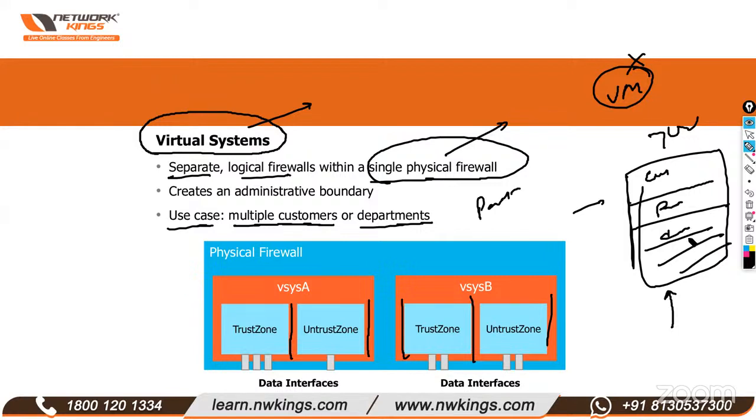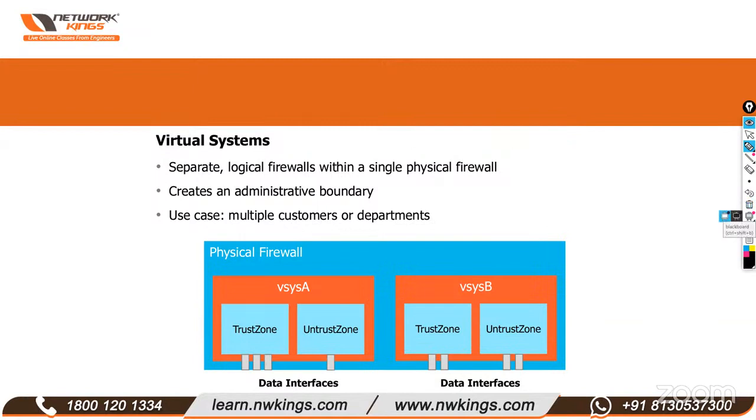You can use the virtual devices for different apps. Maybe one very sensitive application, one for developers, one for testing or something like that. So different firewalls for different requirements. You can basically divide that particular firewall.